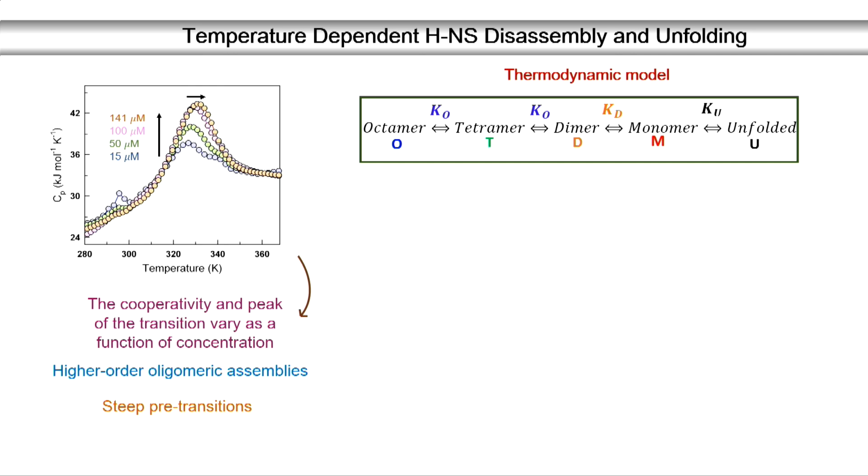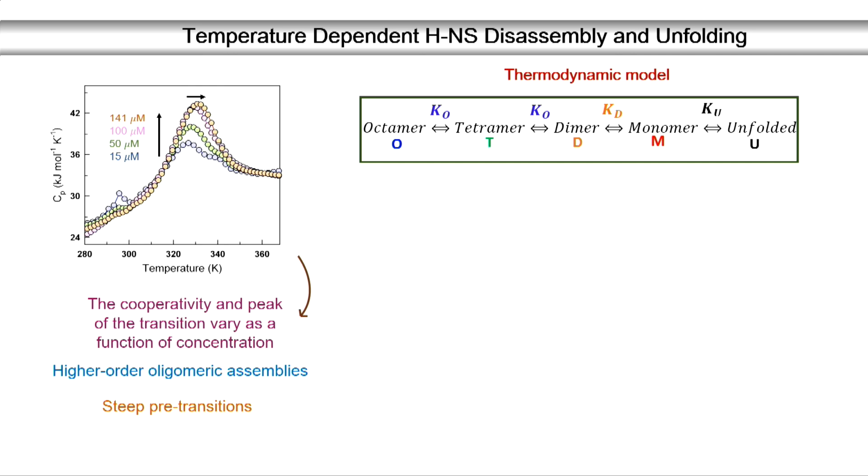The idea is that there is an octamer that can dissociate to form a tetramer with an oligomerization constant, Ko. This tetramer can dissociate to form two dimers, and the dimer can dissociate to form a monomer. This will be Kd, the dissociation constant for a dimer, and this will be Ko, the dissociation constant for the oligomer. The monomer can also be in equilibrium with an unfolded state, represented by the equilibrium constant Ku.